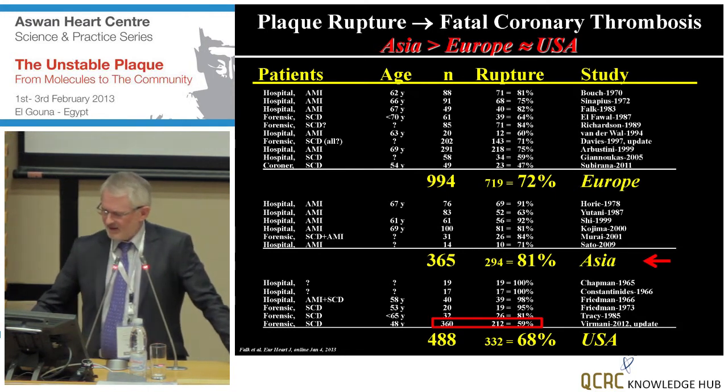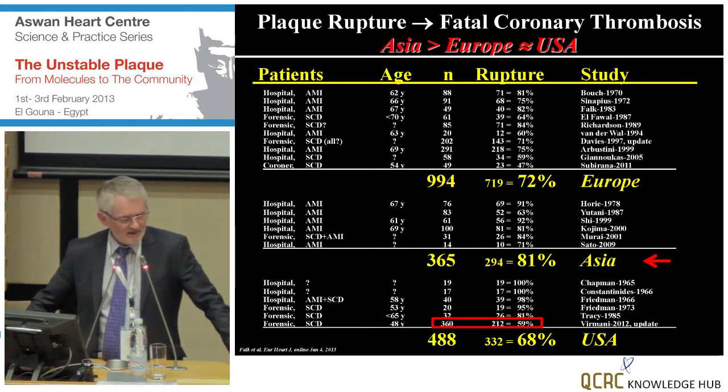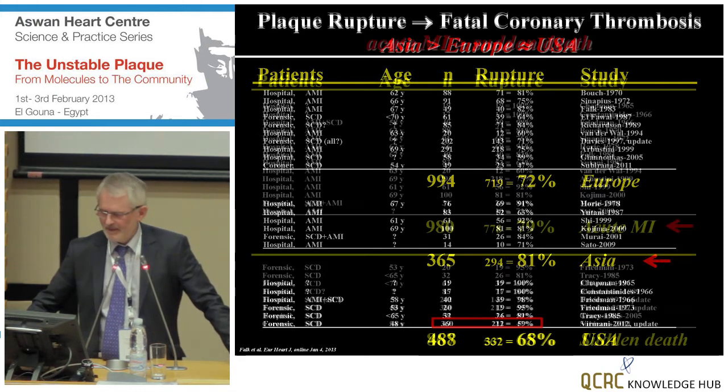We can see, in fact, that plaque rupture is the cause of 81% of coronary thrombi in Asia. And the lowest frequency is, in fact, reported from the United States. But it is because of this huge series from the Amani with predominantly younger persons.